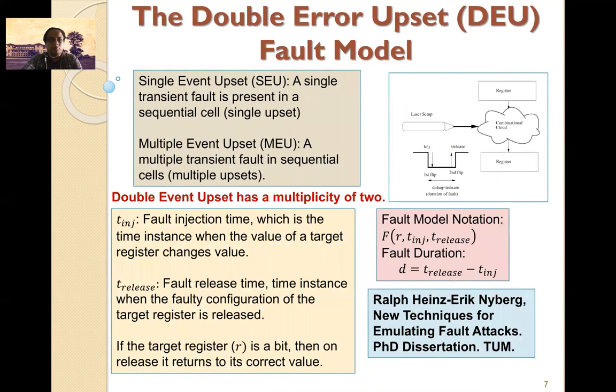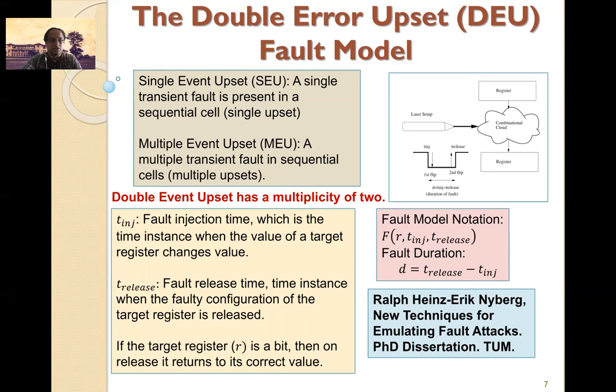The fault model that we use in our attack is what is called a double event upset, which is a specific example of what is called a multiple event upset. In a multiple event upset, multiple transient faults occur in a sequential cell. The double event upset has a multiplicity of 2 and can be characterized by 2 important variables.